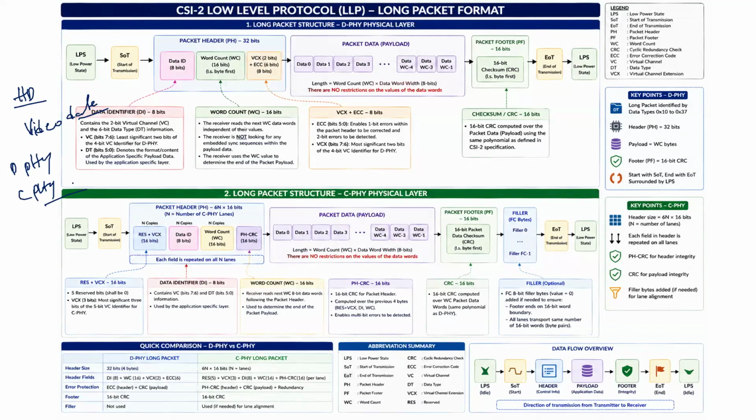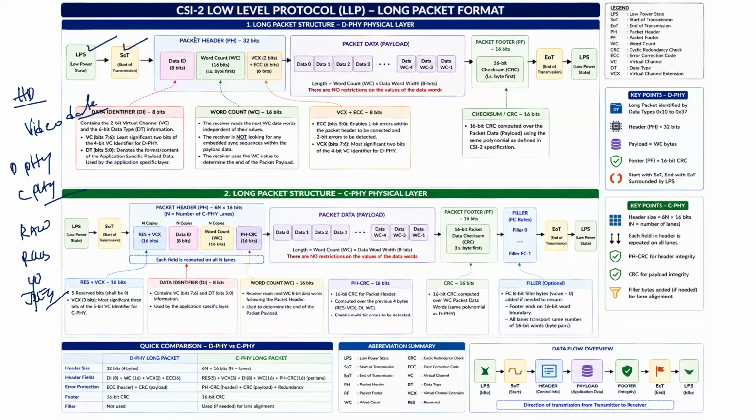How do we develop the long packet data? Whatever image data we have, raw data, RGB data, YUV data, or JPEG, these we are transferring. In the complete flow we have low power states and then start of transmission.